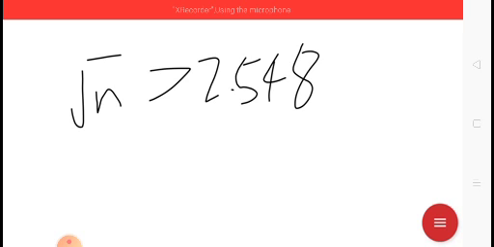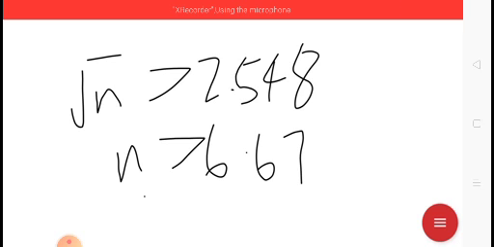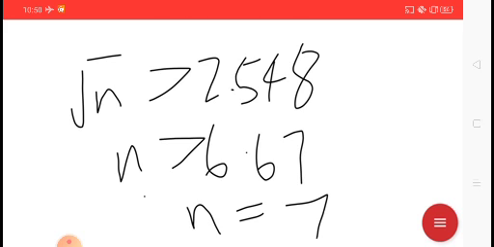So you should get n larger than 6.67, and this is a number of tests, an integer, so your n should be at smallest equal to 7. This is for question 8.